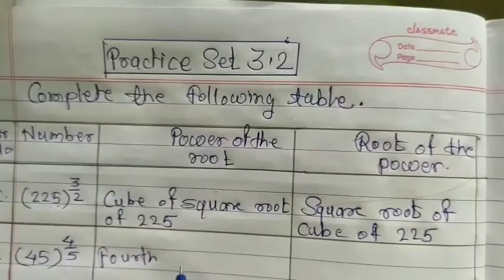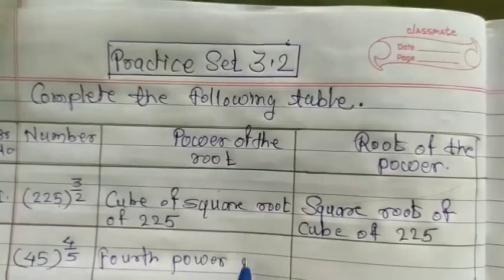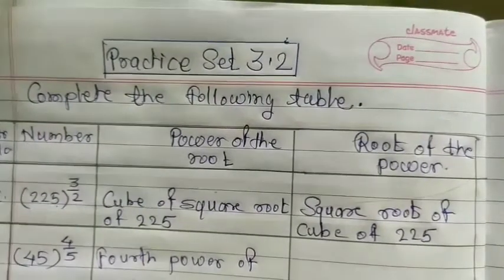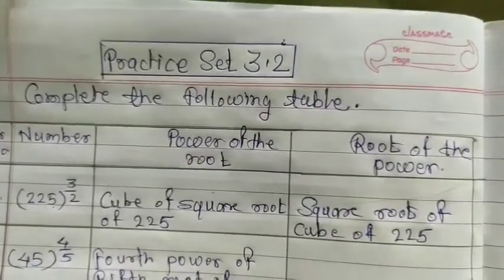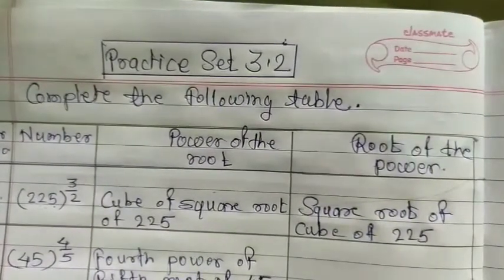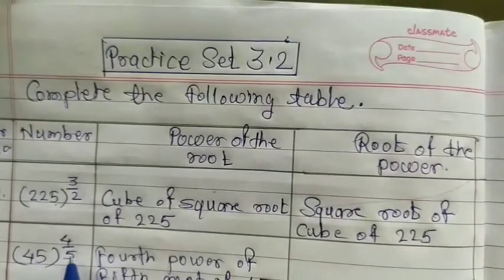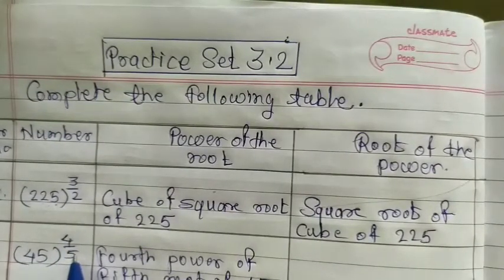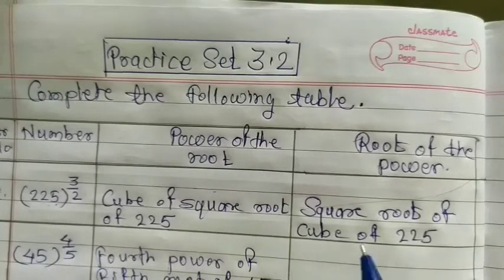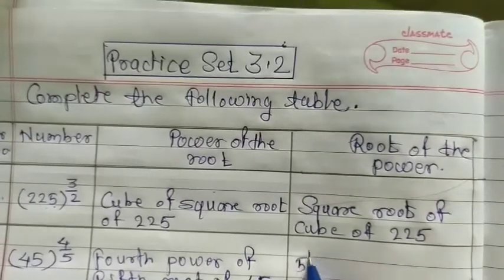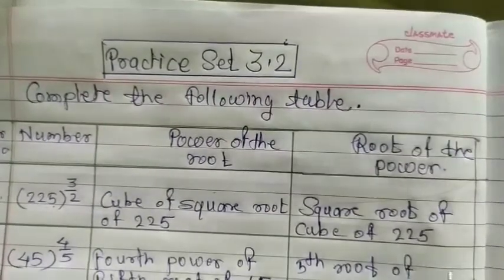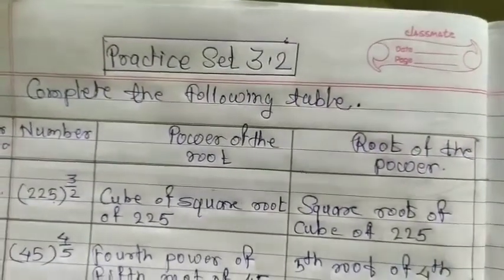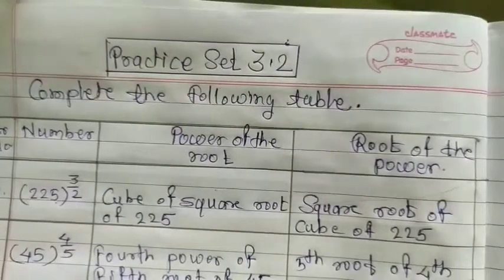Next, starting from the root, fifth root of fourth power of 45.